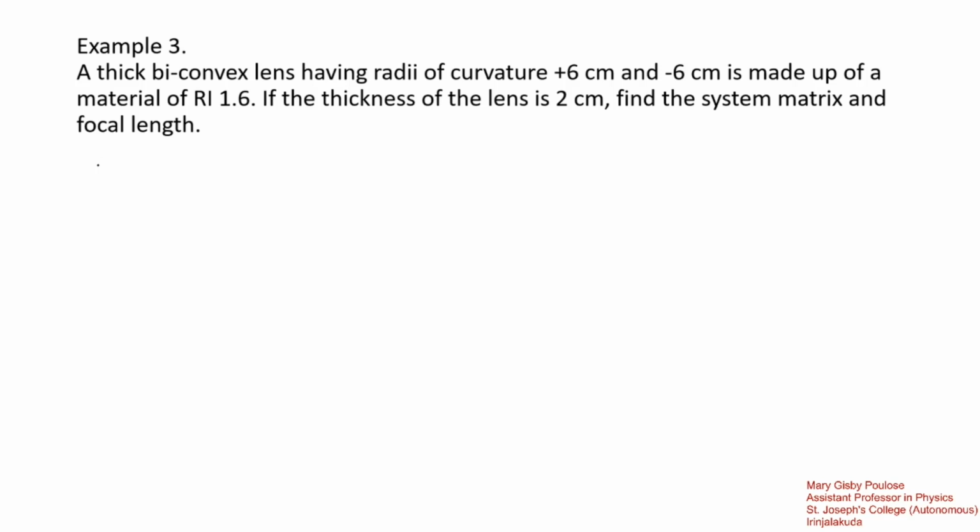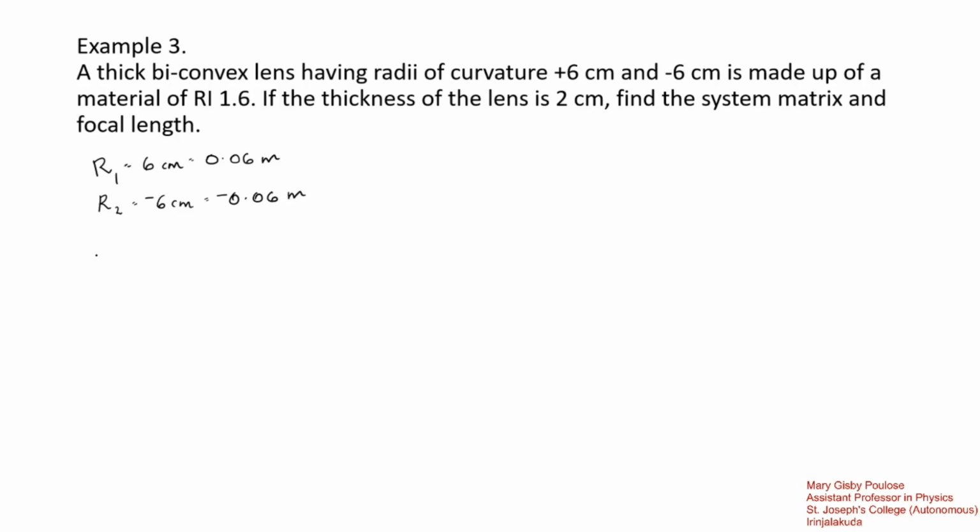So the radii of curvature are given. R1 is equal to 6 centimeters, that is 0.06 meters, and R2 is equal to, the sign convention has been used, minus 6 centimeters, that is minus 0.06 meters.